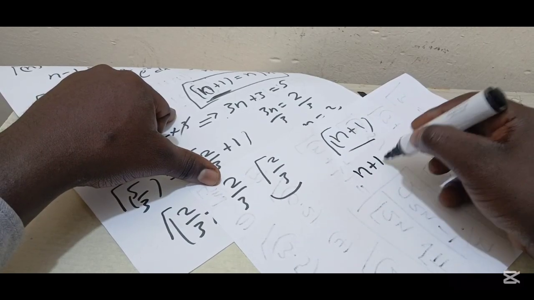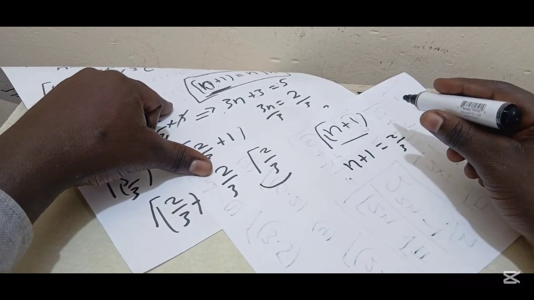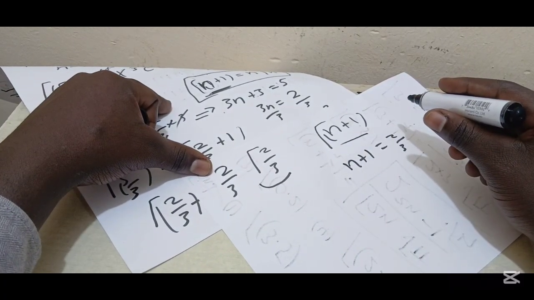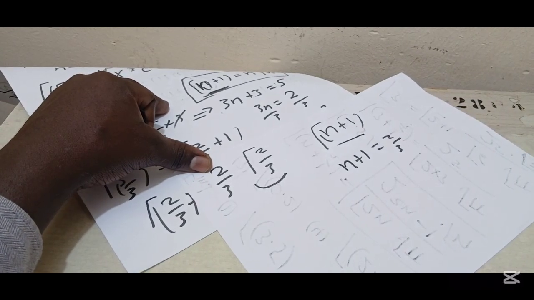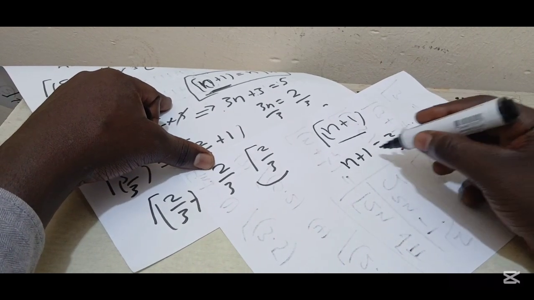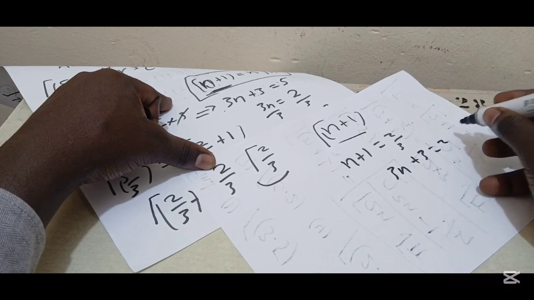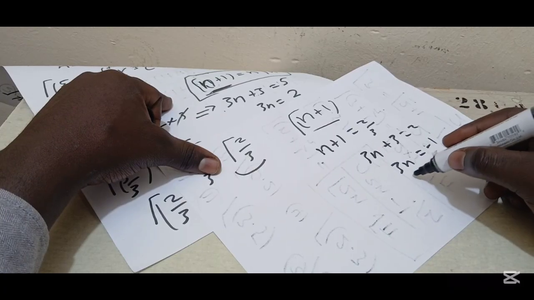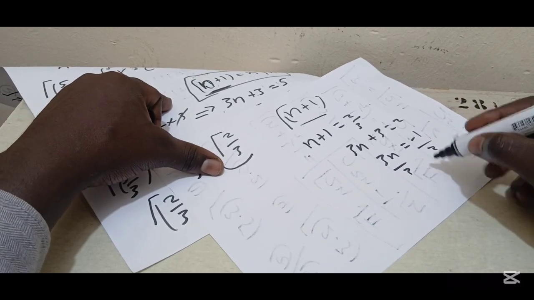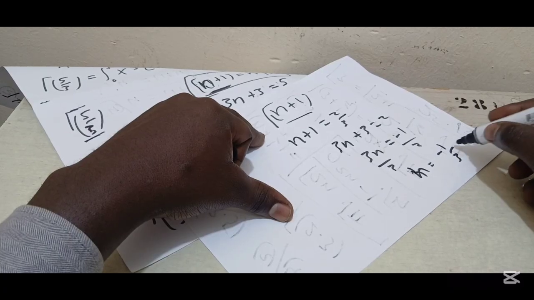So n plus 1 should equal 2 on 3. Solving for n, multiplying by 3, we get 3n plus 3 equal 2. So 3n equal minus 1. Dividing through by 3, we get n equal minus 1 on 3.